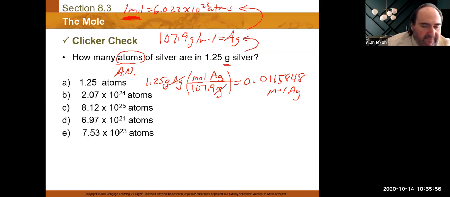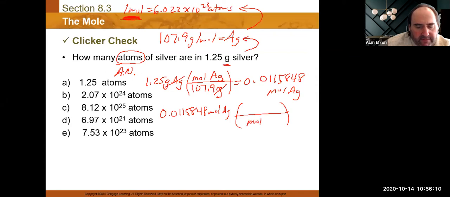So now that we have it in moles, we could use our Avogadro's number to take us from moles. Again, taking it to a good number of digits there. In this case, moles are on top, so we do want the moles on the bottom. Avogadro's number here would go up on top. And in this case, it would be atoms since we're dealing with just silver.